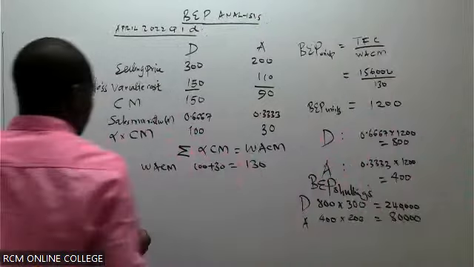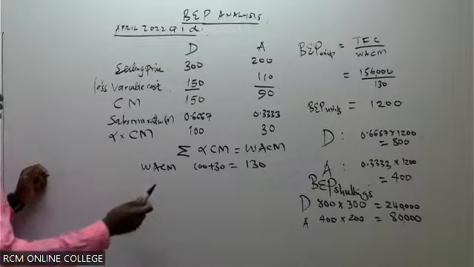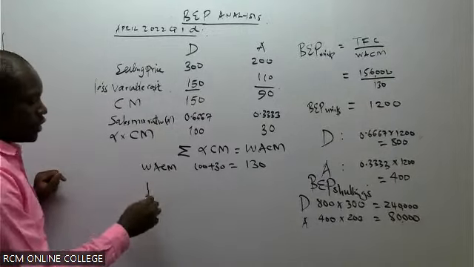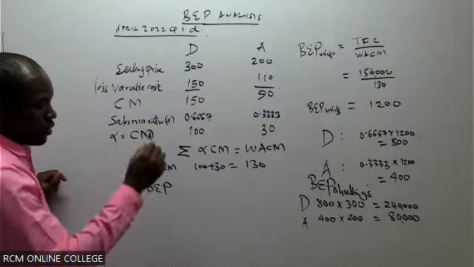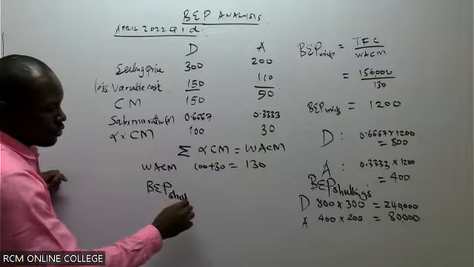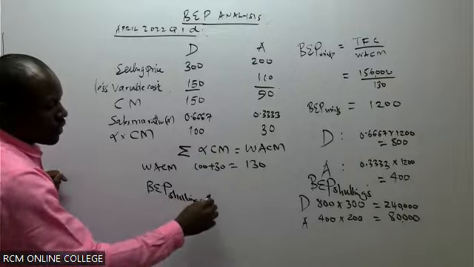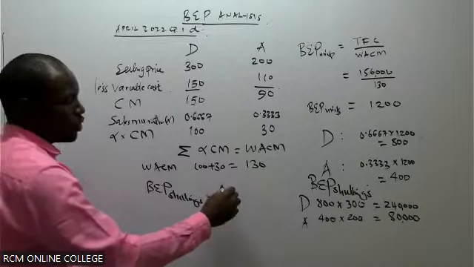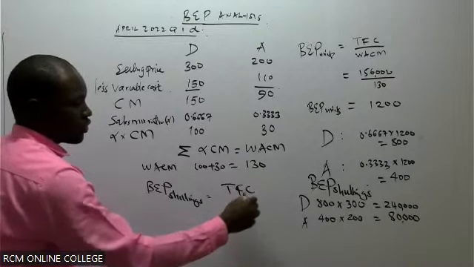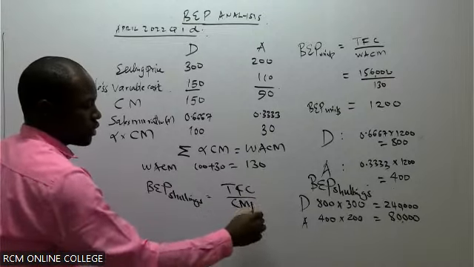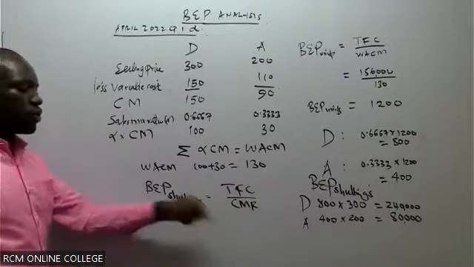Remember, the break-even point in shillings of a single product, we said, is equal to total fixed cost divided by contribution margin ratio.